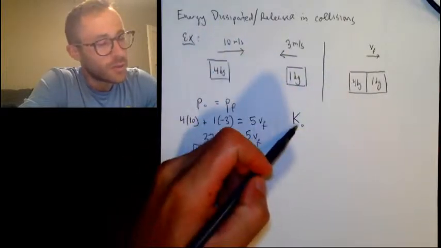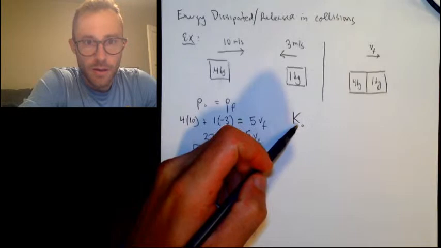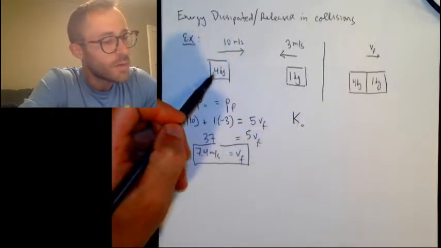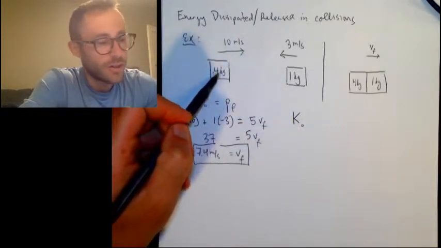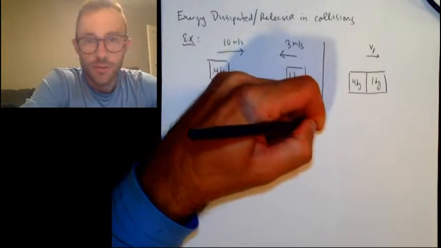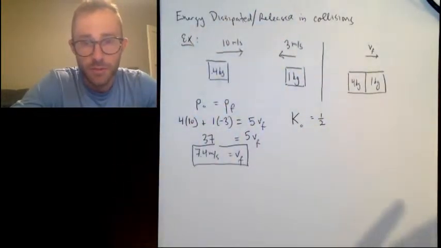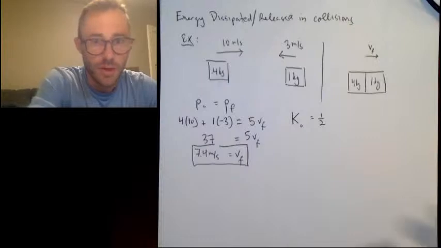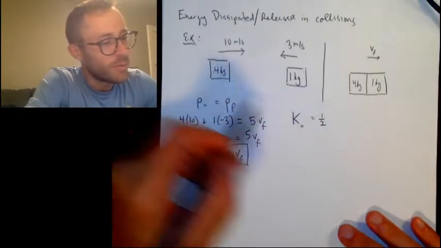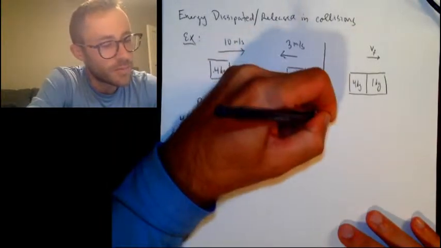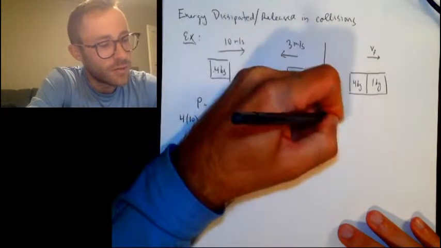Okay. So initially we have a kinetic energy of 1/2 mv squared, but we have two 1/2 mv squareds because we have two masses. Okay. So we have 1/2 times 4 times 10 squared.